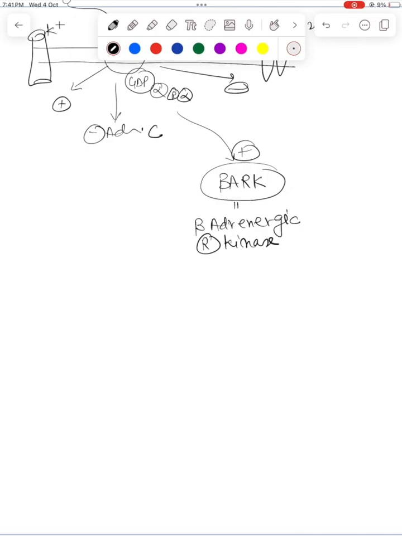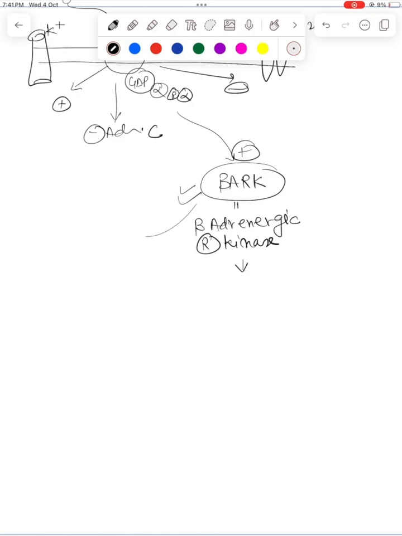These BARK proteins belong to the group of enzymes known as G protein coupled receptor kinases. So it is just one type of GRK which is known as BARK.